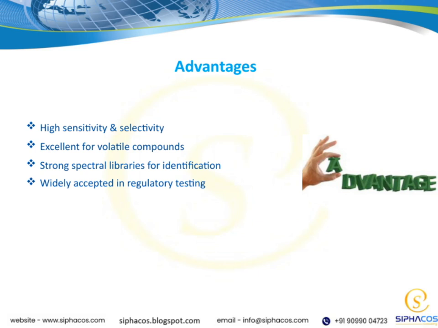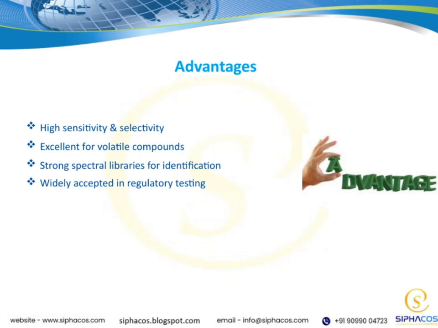Another major benefit is the availability of strong spectral libraries, which significantly aid in the identification process. These libraries enable us to compare our data against a vast database, making identification faster and more accurate. Finally, this technique is widely accepted in regulatory testing environments.